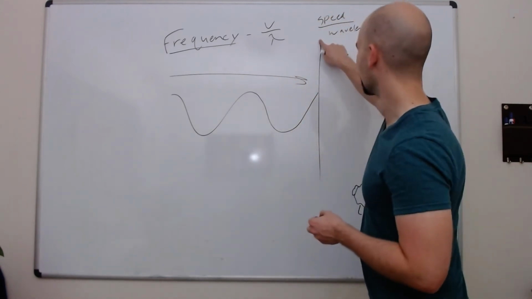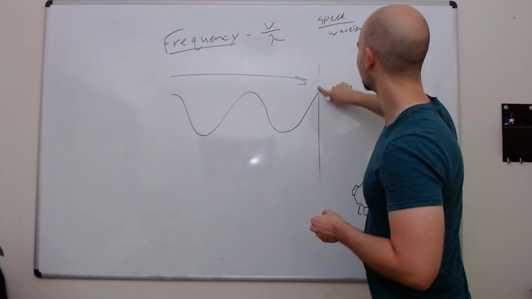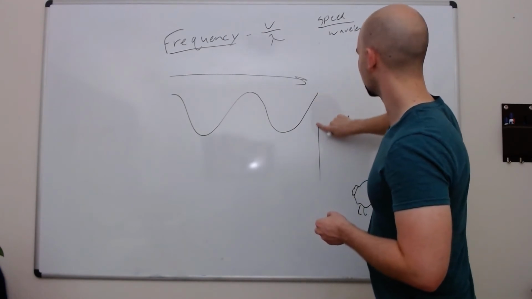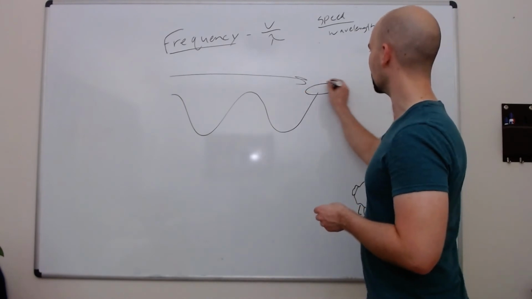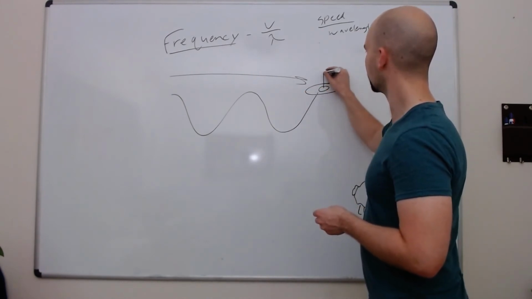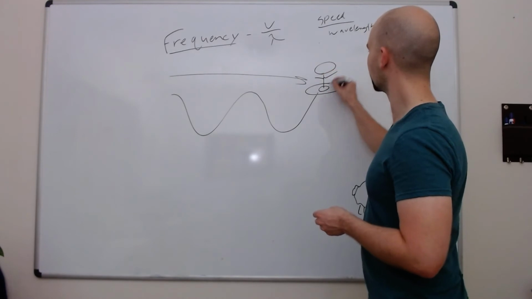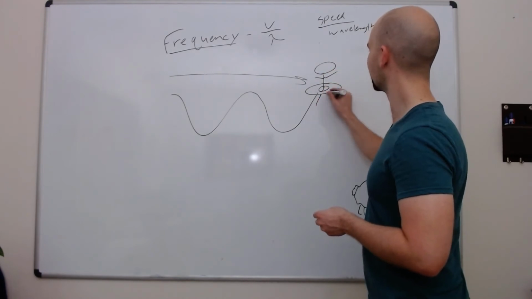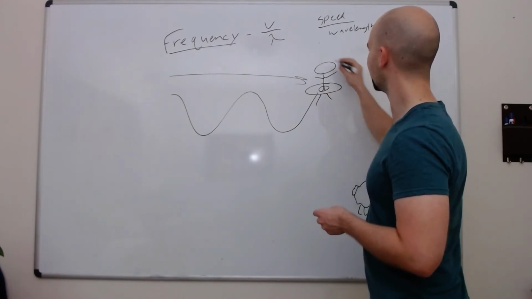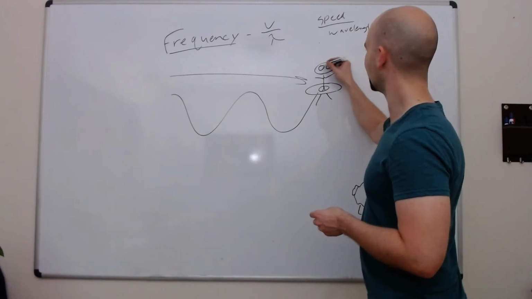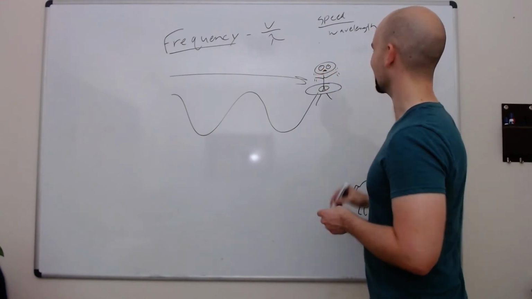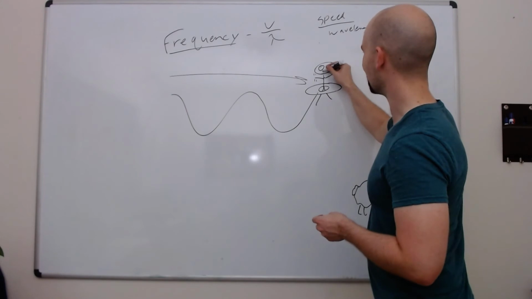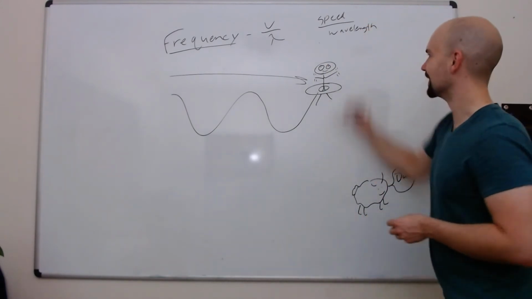Maybe what's it interacting with? Let's say it's an ocean wave. Let's say there's someone in an inner tube, who can't swim. No, he can swim. He's happy. It's his birthday.